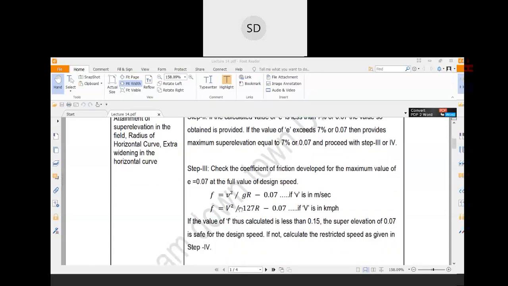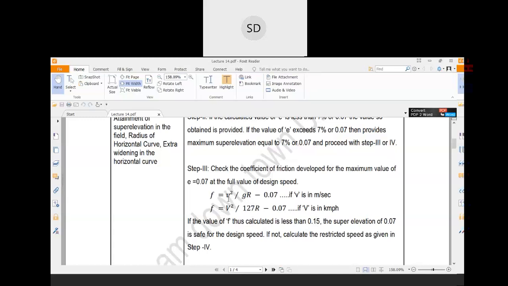Now this calculated value of F, the coefficient of friction, should be less than 0.15, because 0.15 is the maximum value of the coefficient of lateral friction. So this value should be less than 0.15. Now, if it is more than 0.15, in that case what will you do? In such cases, you have to find out the speed limit value.